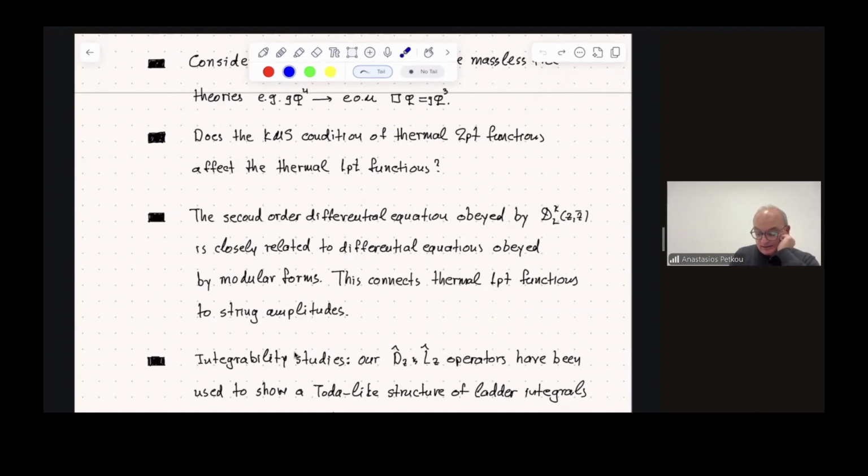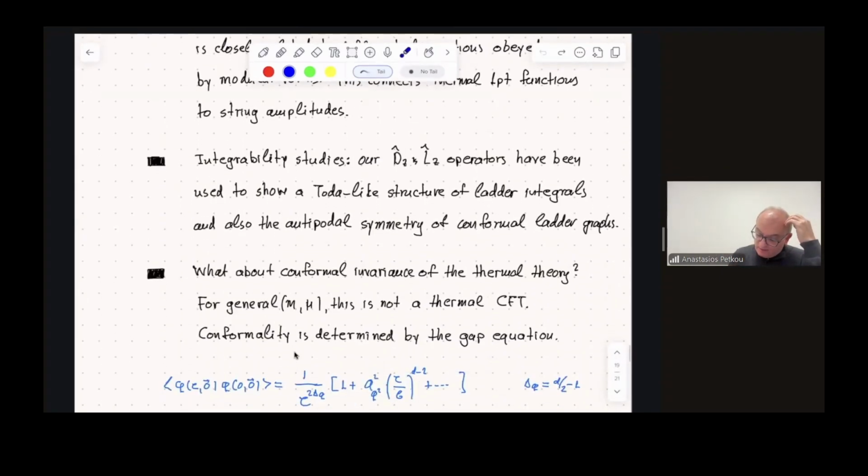So it's an interesting thing if these coefficients are related to string amplitudes.